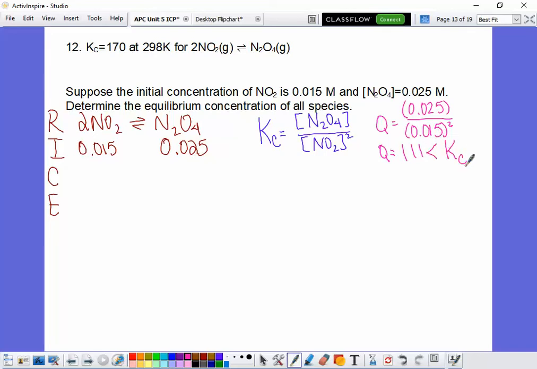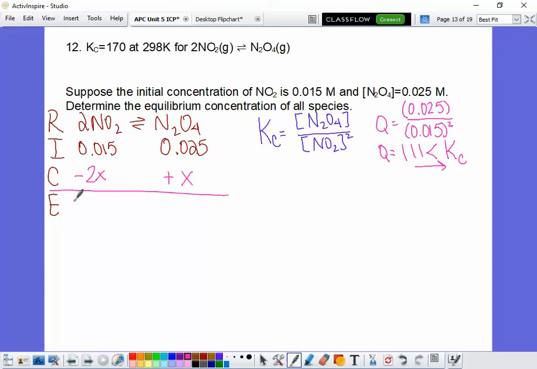See, Kc is 170. So remember, when Q is less than K, we're going to go this way. Right? We're going to proceed towards the products in order to reach equilibrium. So my N2O4 is going to have to increase by some value. And therefore NO2 is going to have to decrease by what? 2x, because we maintain stoichiometry.